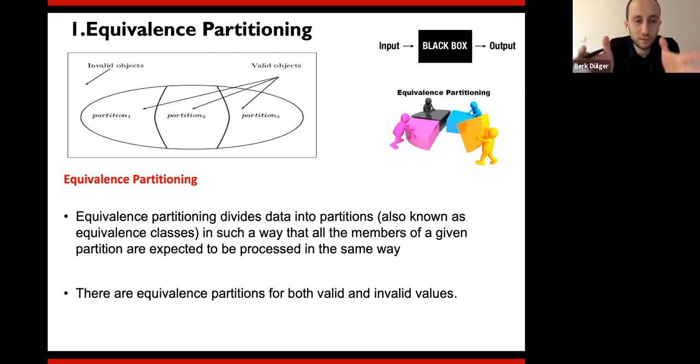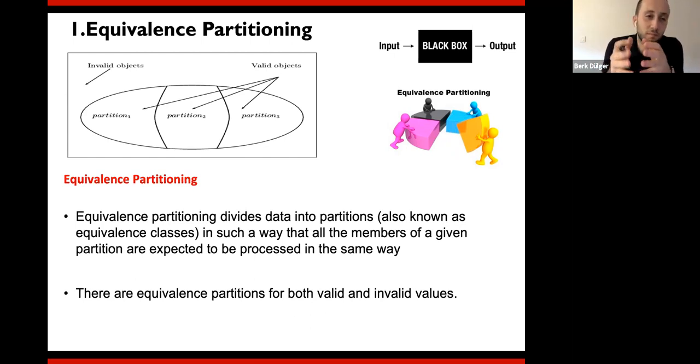Let's call them partitions. It will be easy to understand when I give my example, but in the definition, equivalence partitioning tells us to group inputs considering their similarities.